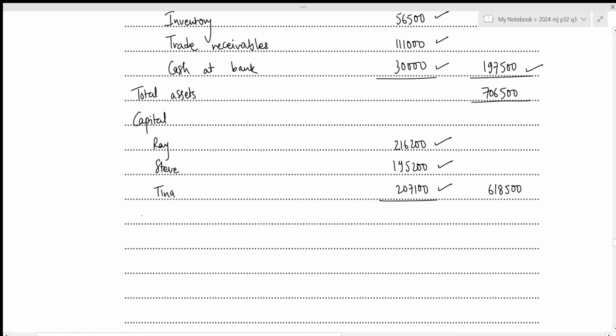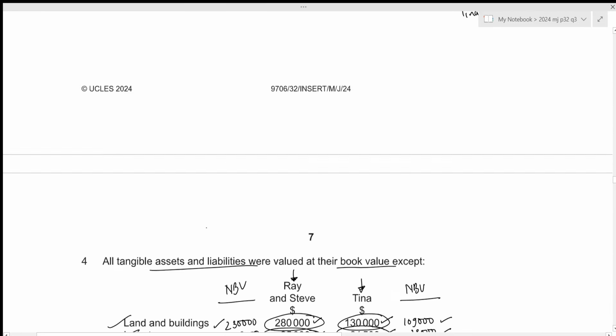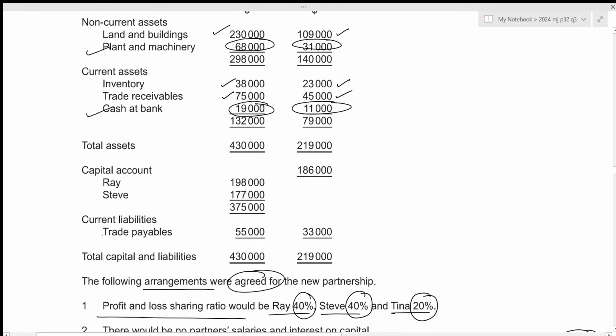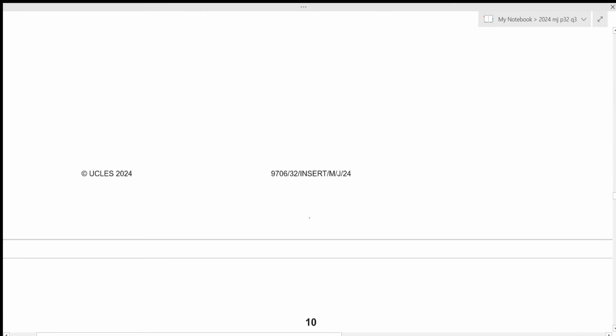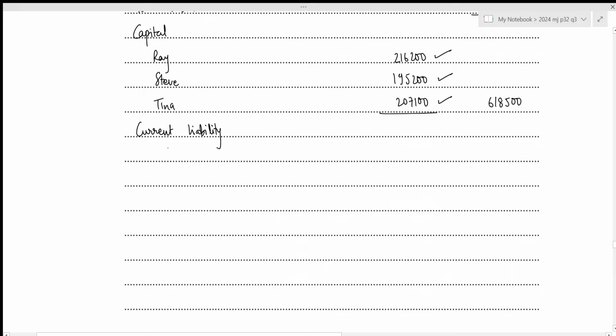We do not have any non-current liabilities, so we can move towards the current liability section. And there was only one current liability which was not revalued, so we need to include the combined net book value. That will be 55,000 plus 33,000, which results in the value of 88,000. So we have the trade payables of 88,000.